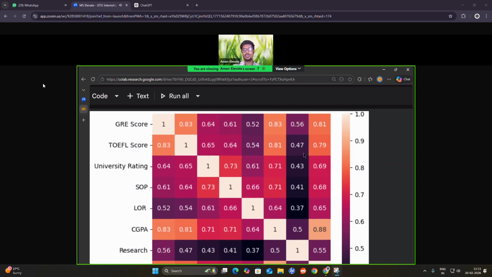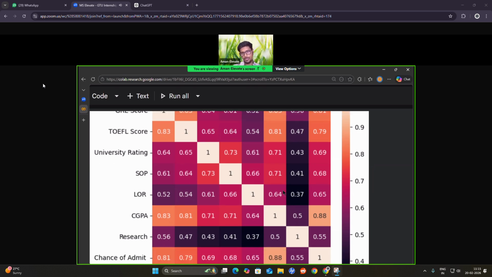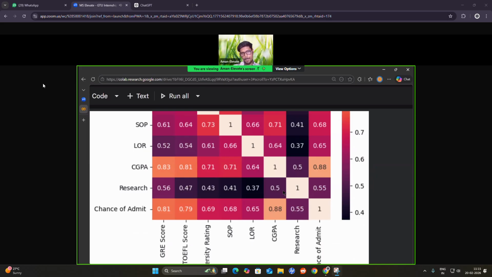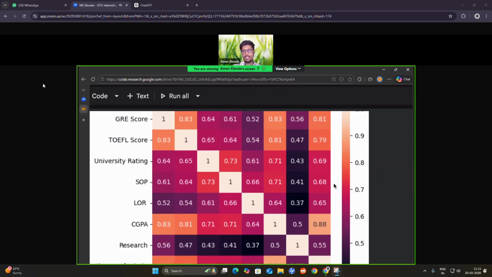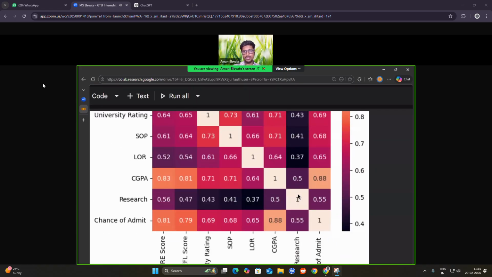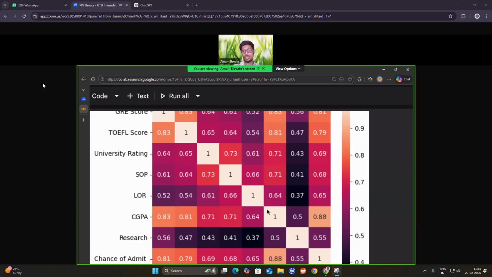So the darker the region, the less the correlation. The lighter the region, the higher the correlation. Okay. And there is not as such correlation. The maximum is one only.